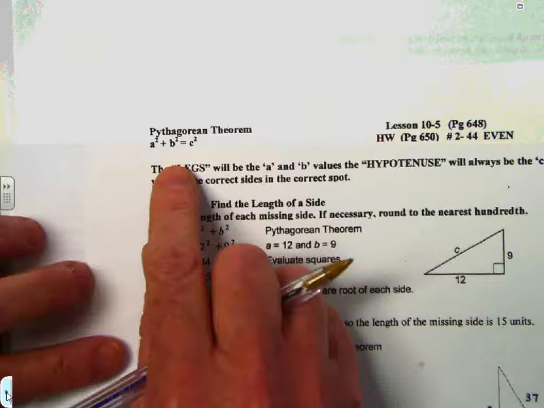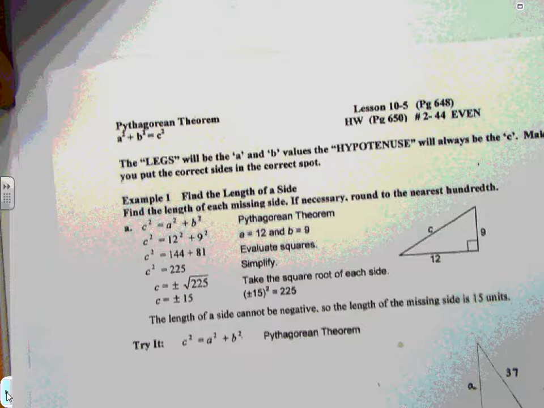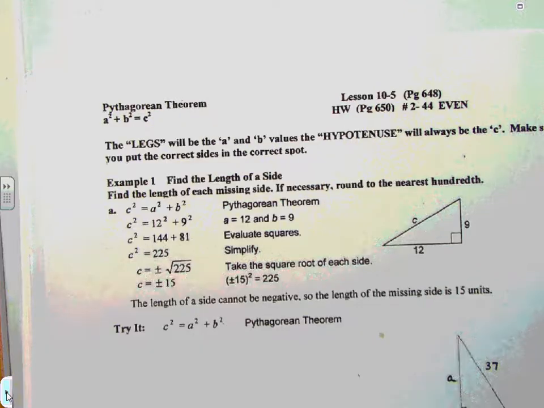Ready? Okay, the legs. They call some sides of the triangle the legs. The legs are usually the shortest sides on the triangle. The hypotenuse is always the longest side on a triangle.